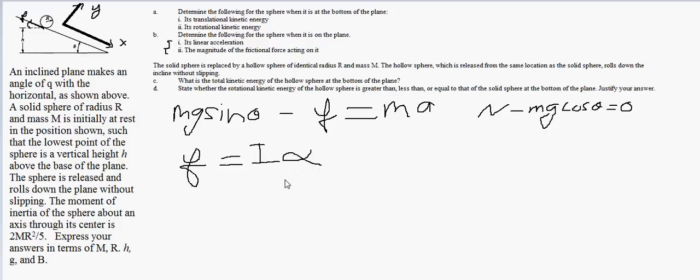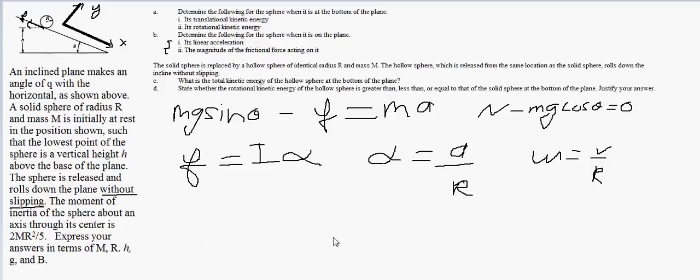Now we're going to use the same logic and say that alpha is equal to a over R. It's the same way we prove that omega is equal to v over R. It comes from the concept that it's rolling down without slipping.